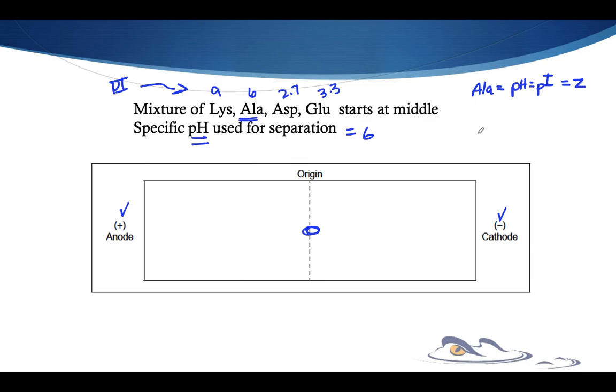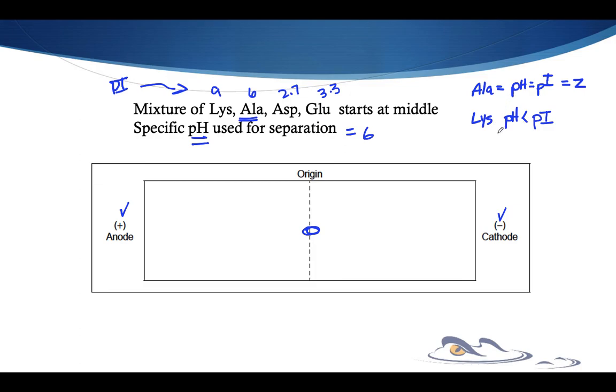And then next, I'm going to take a look. What about lysine here? So for lysine, I see that the pH, which is 6, is actually lower than the PI. So listen how I question myself about this. If the pH is lower than the PI, that means the buffer is more acidic than the amino acid, right?